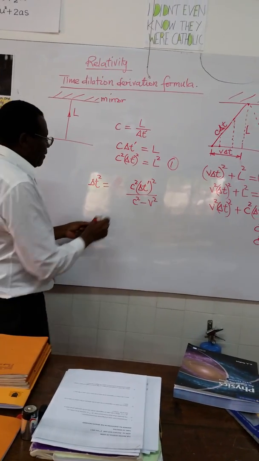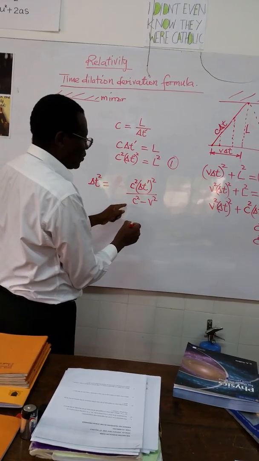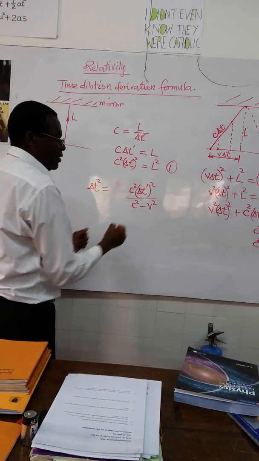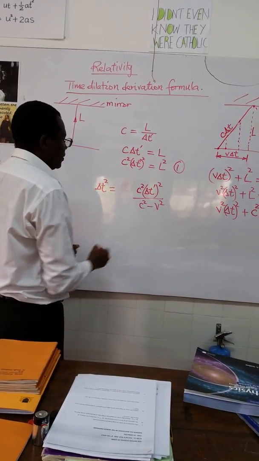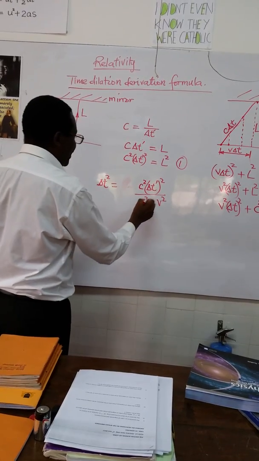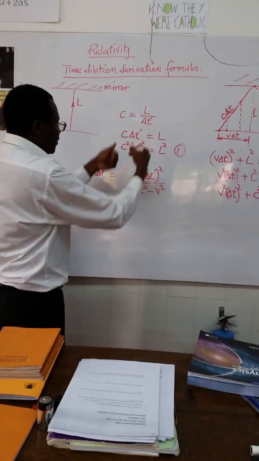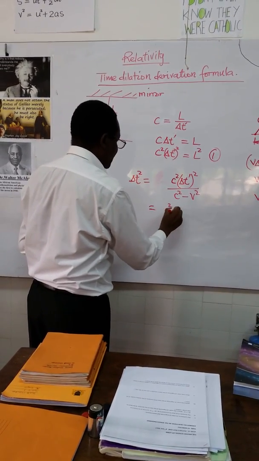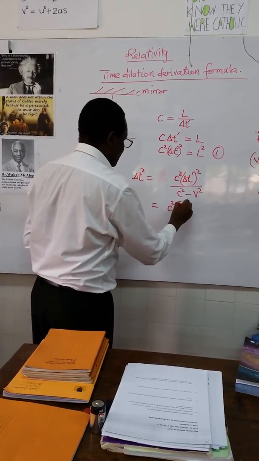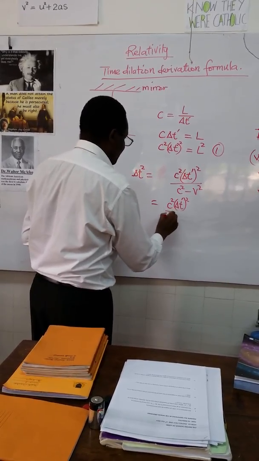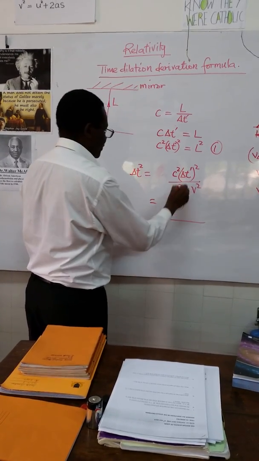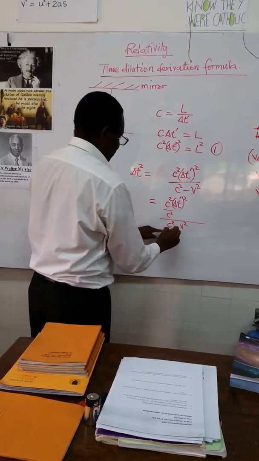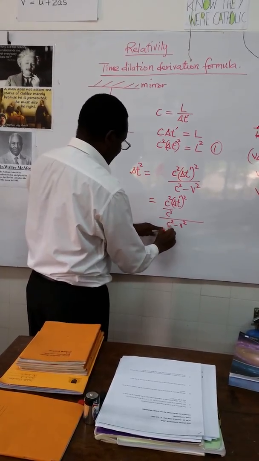And here we can see we could now say divide the fraction on the right by c squared both at the top and at the bottom, where we see this will be c squared change in t prime squared over c squared over c squared minus v squared over c squared.